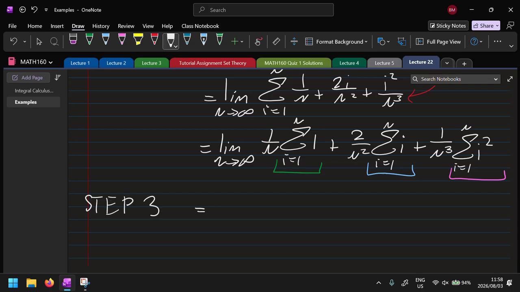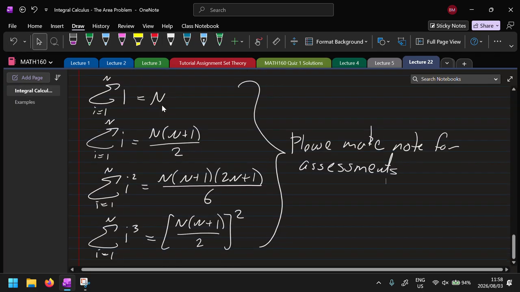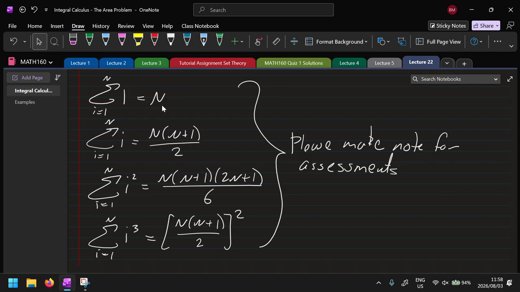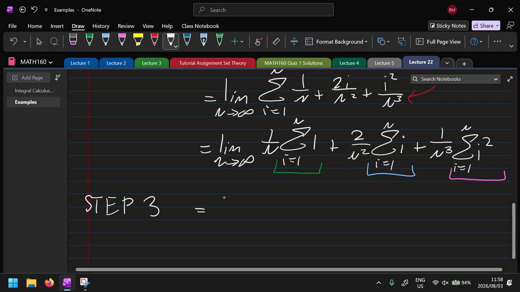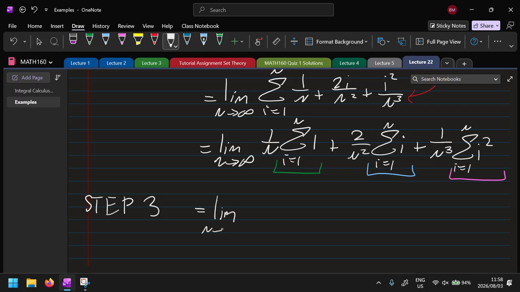So step 3, we replace the summations with whatever we had over here. So the sum of 1, we replace with n. The sum of i, we replace with n plus 1 over 2. Each term we replace from this list. So the limit, n goes to infinity, all of that stays. 1 over n, that stays. And now the sum of 1, that's just n, so we replace that. 2 over n squared.